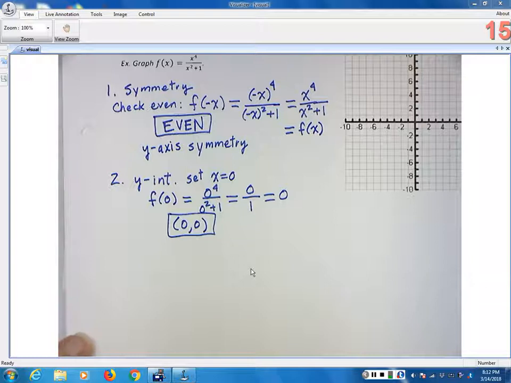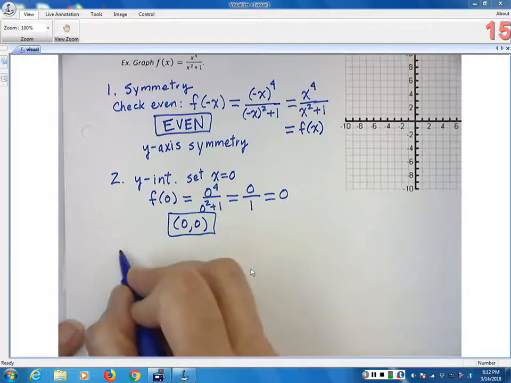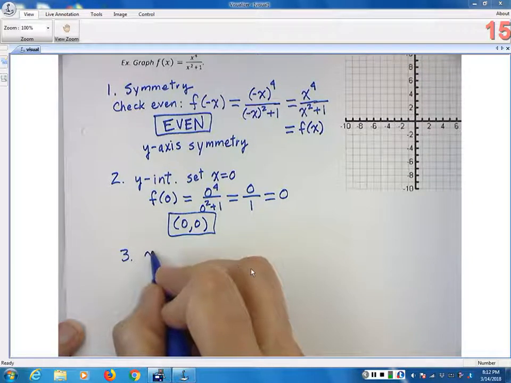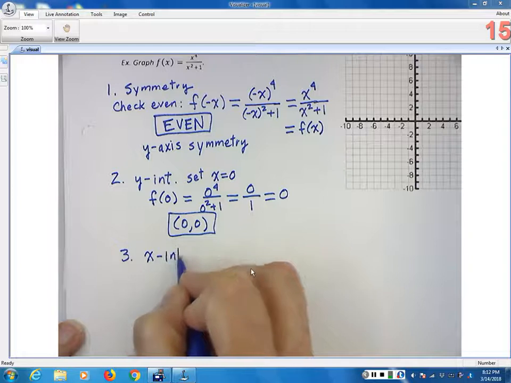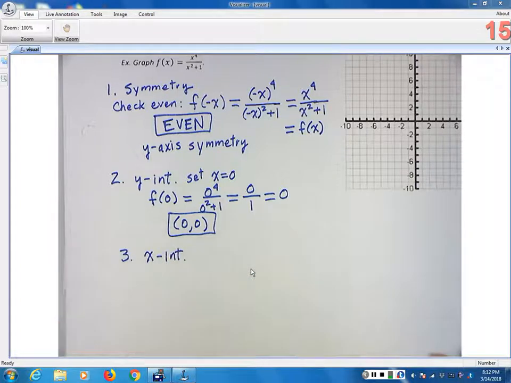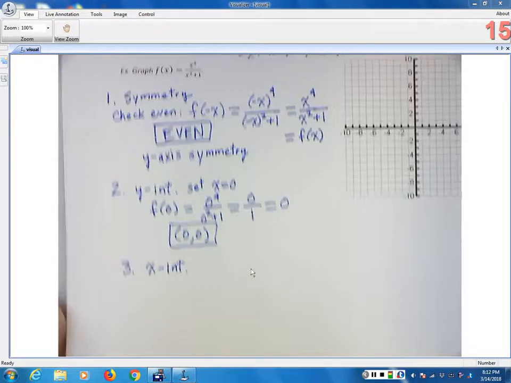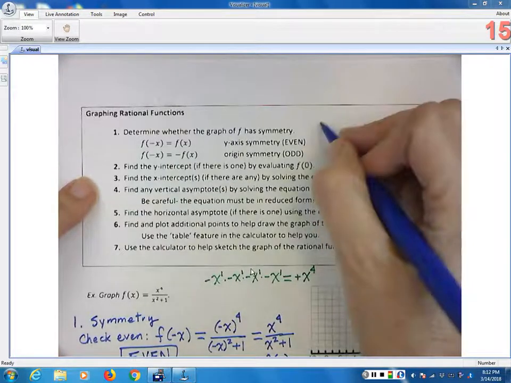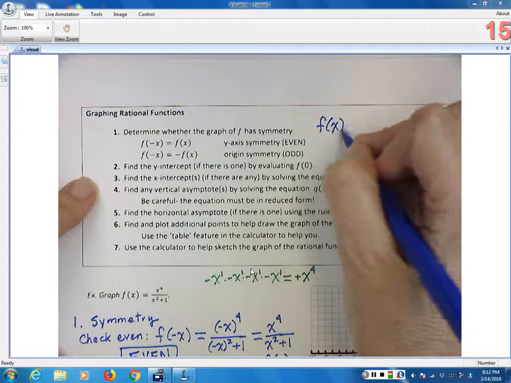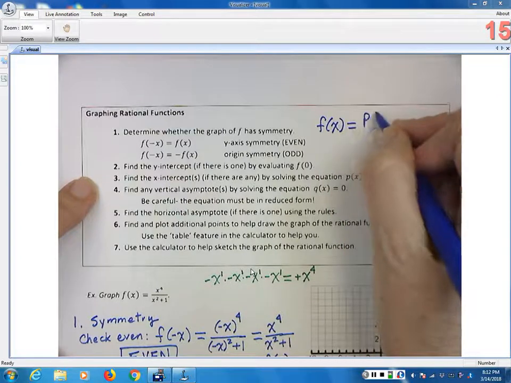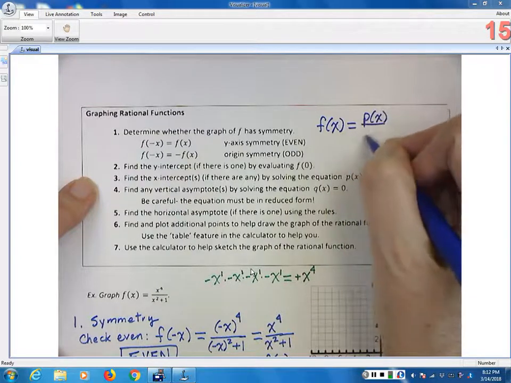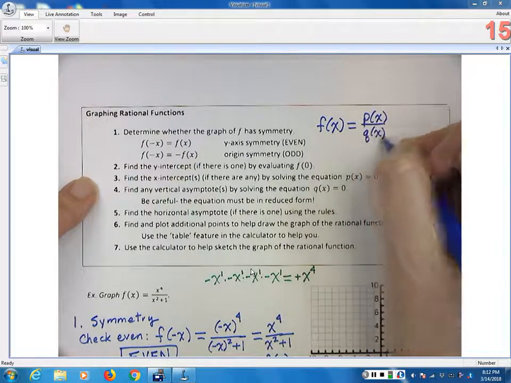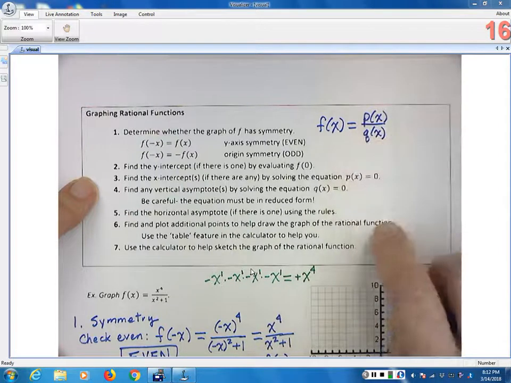But so number 3, let's find the x-intercept. Now let's look back at the directions. Remember, we have a rational function, and we said that it was p of x over q of x, where these were polynomial functions.